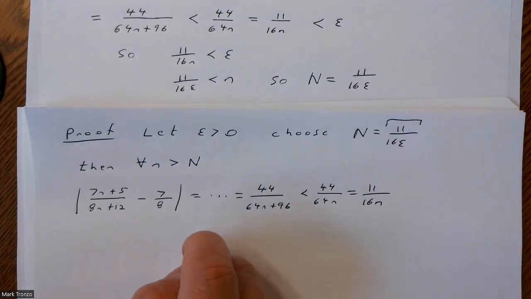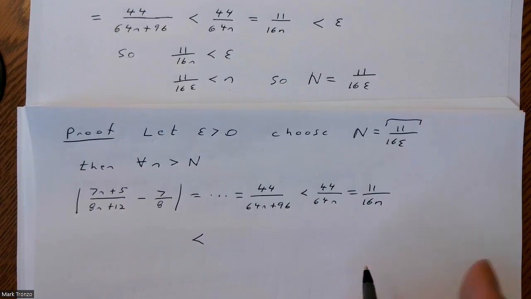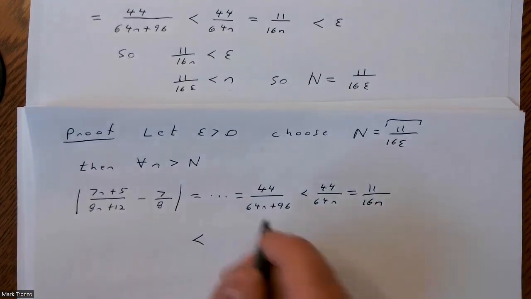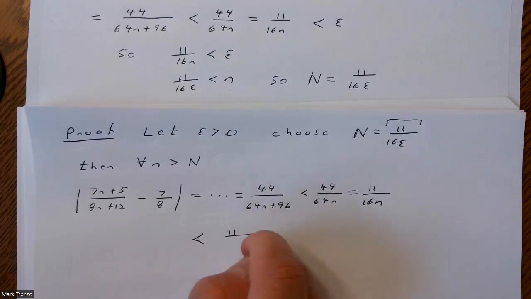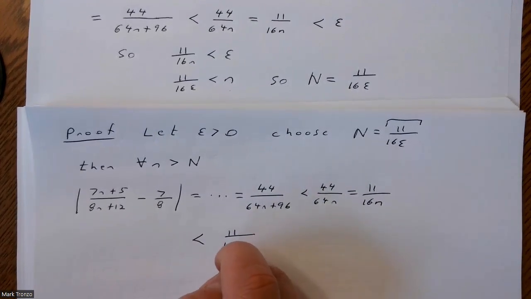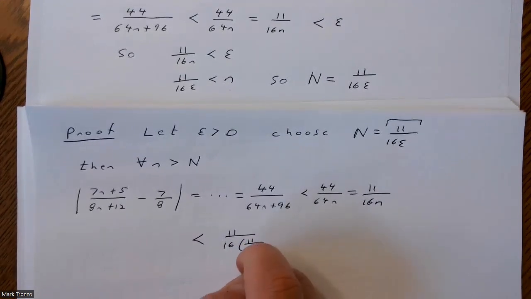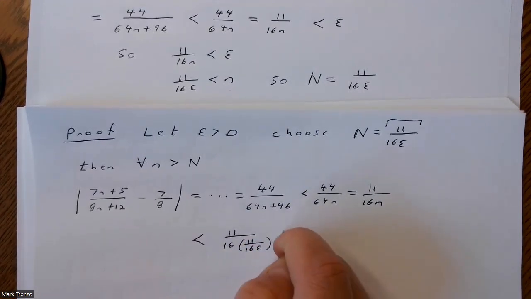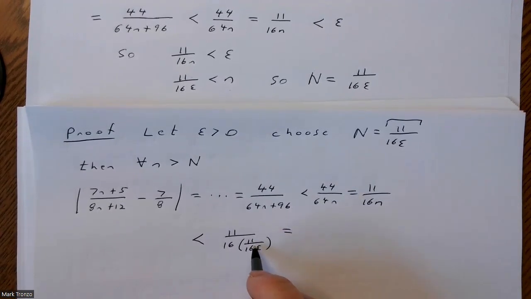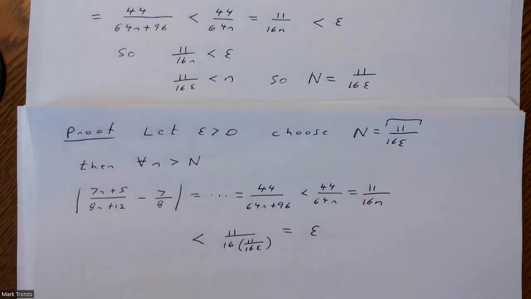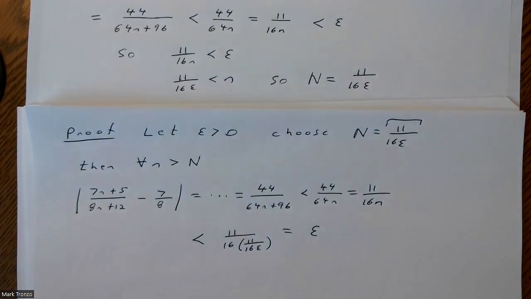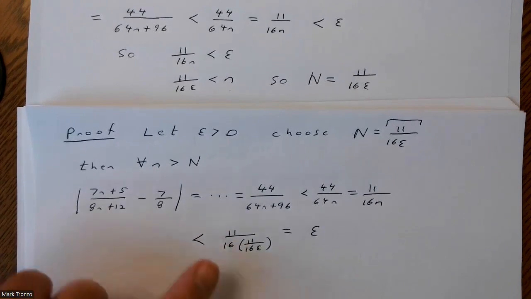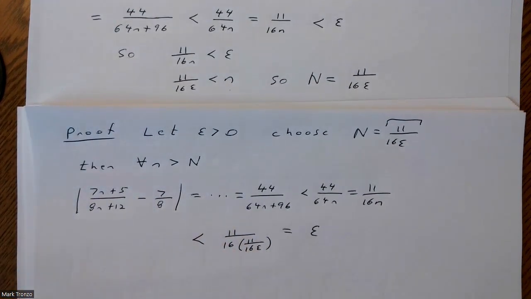And then since n is greater than capital N, we could say that this is going to be less than 11/16 epsilon. And these will cancel, so the 16 cancels, the 11 cancels, so we have 1 times epsilon, which is epsilon.